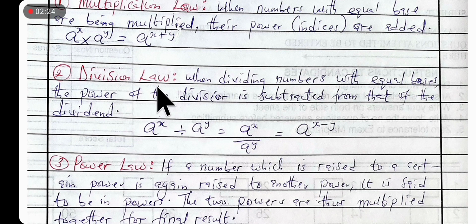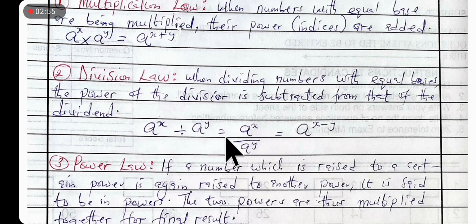Division law of indices. When dividing numbers with equal bases, the power of the divisor is subtracted from that of the dividend. Now look at it: a raised to power x divided by a raised to power y is the same thing as a raised to power x all over a raised to power y.